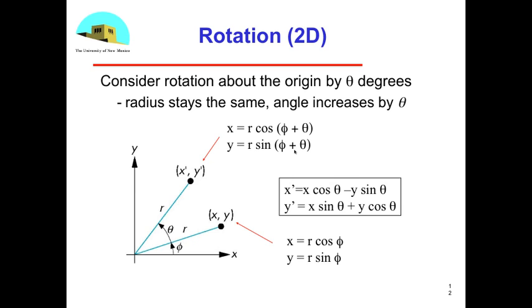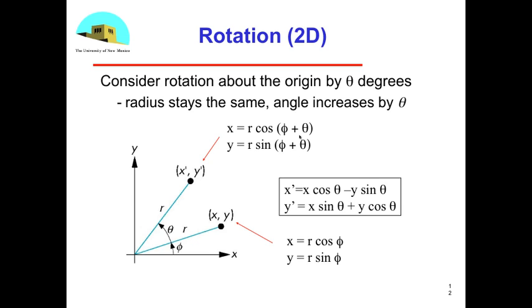Now, if you go back to your high school trigonometry, you can expand this out. The cosine of the sum of 2 angles is cosine cosine minus sine sine, and the sine of the sum of 2 angles is sine cosine plus cosine sine.